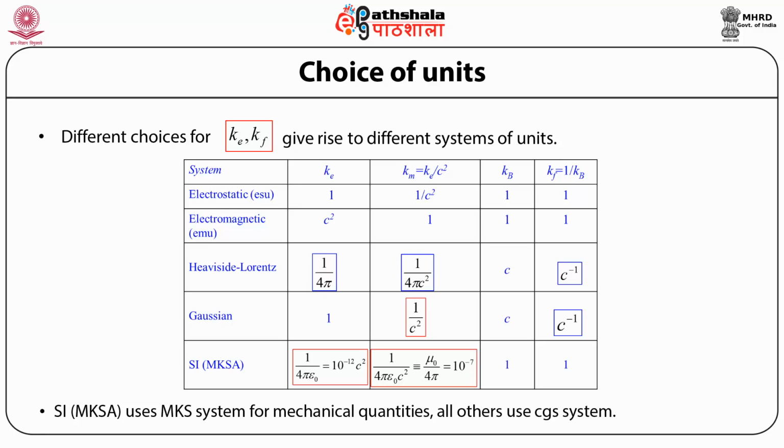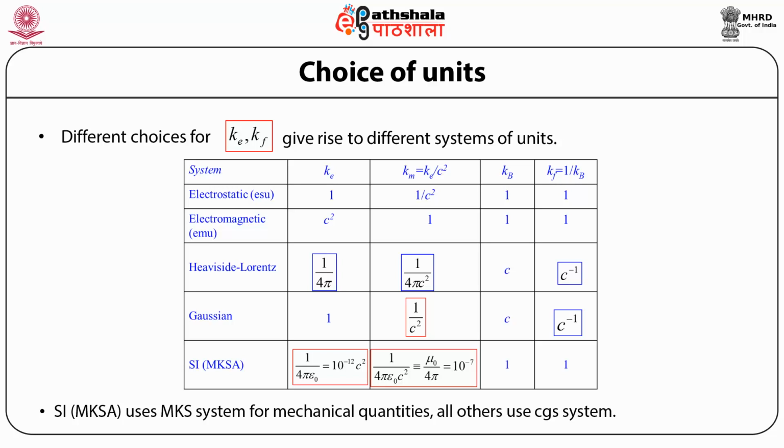The system of units used for mechanical quantities along with the electromagnetic quantities is also different for the different systems enumerated here. Whereas the SI system listed in the table uses the MKS system for mechanical quantities, all others use the CGS system.